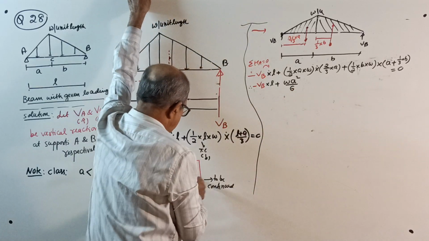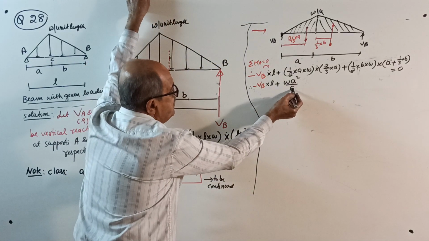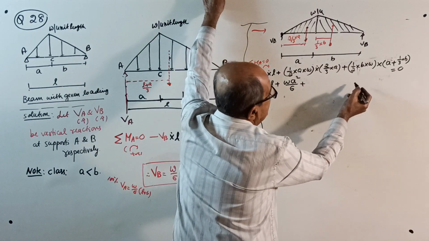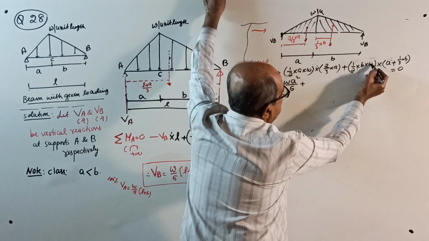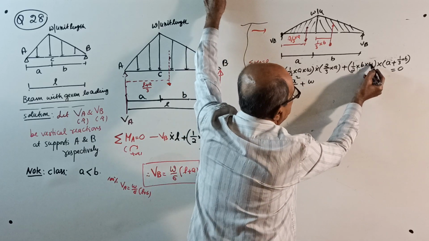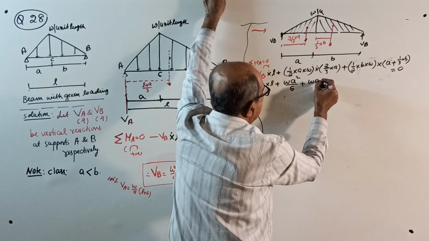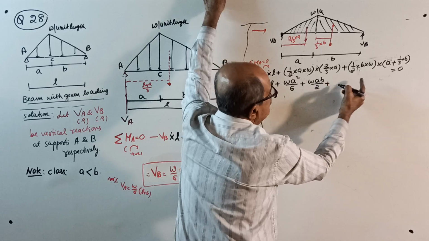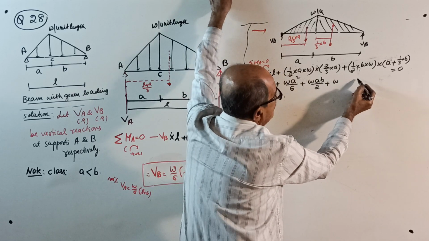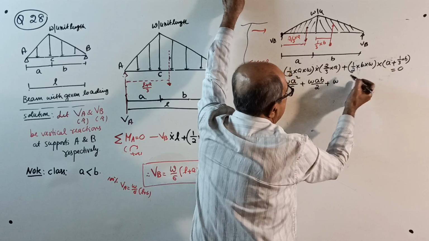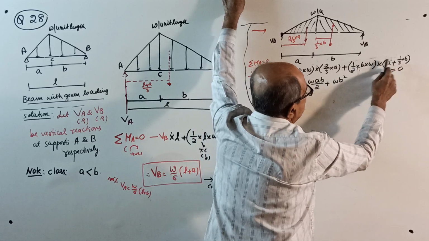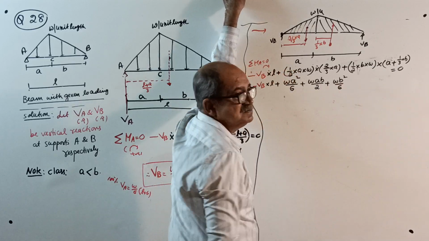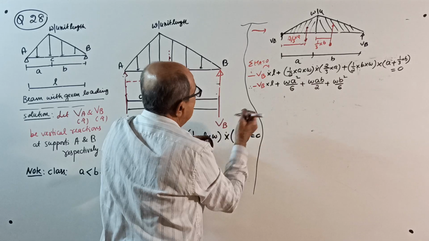My 6 came here, my W also is here, so this I will maintain, plus another term, W AB by 2, plus one more term, W B into B, B square, W into B square divided by 6 will come. Okay, go further. Or equal to 0.